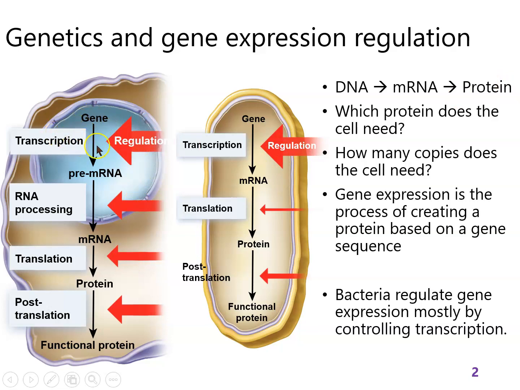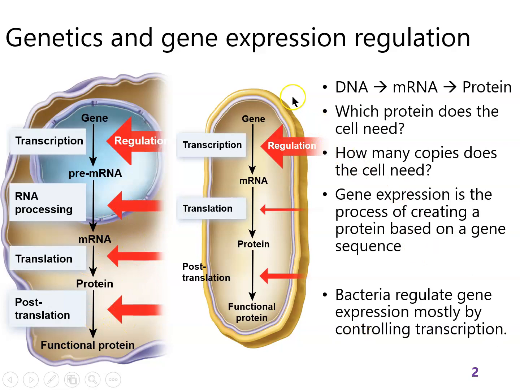So our cells would decide to transcribe or not transcribe a gene, and that's a big part of how they control whether a protein gets made or not. But also, they control the rate of RNA processing, like splicing and capping and polyadenylation and things like that. And at all of these steps, these genes can be regulated.